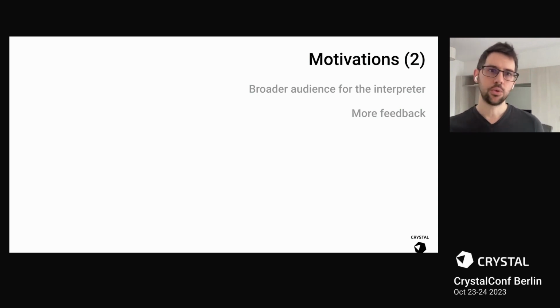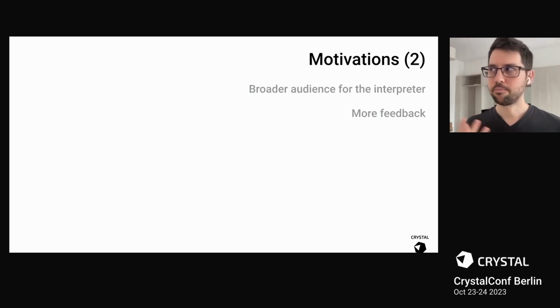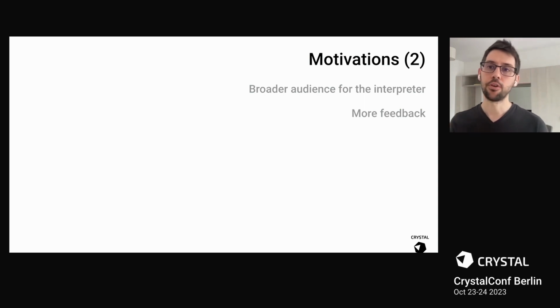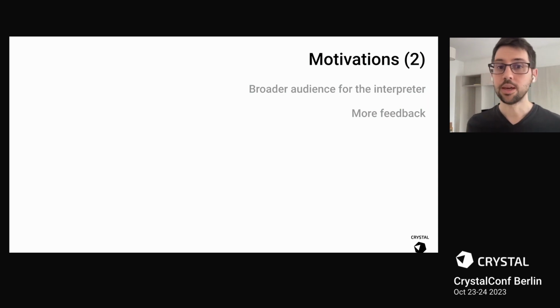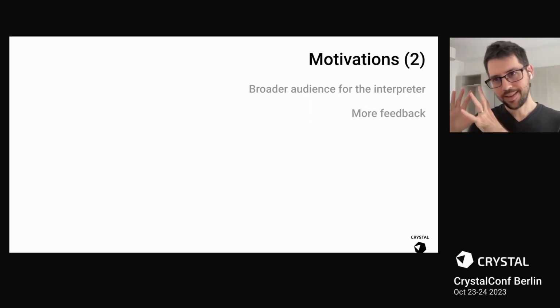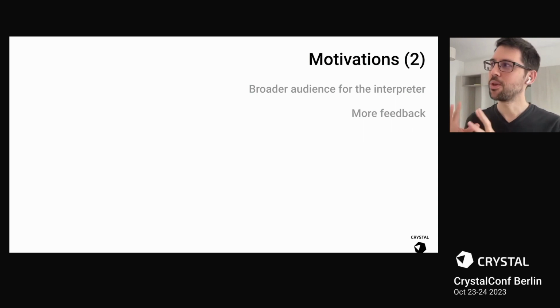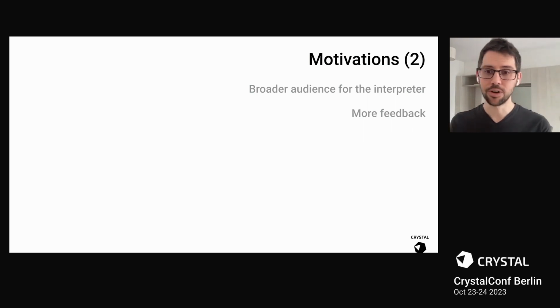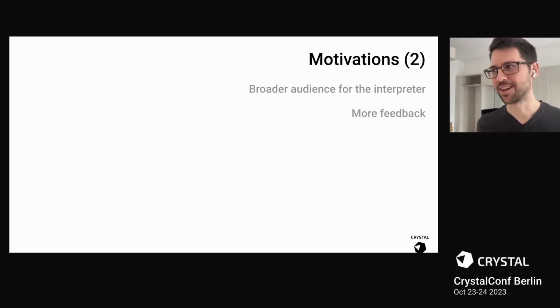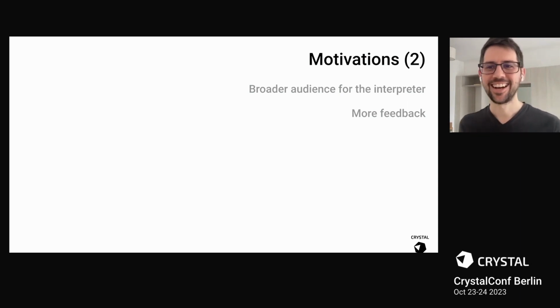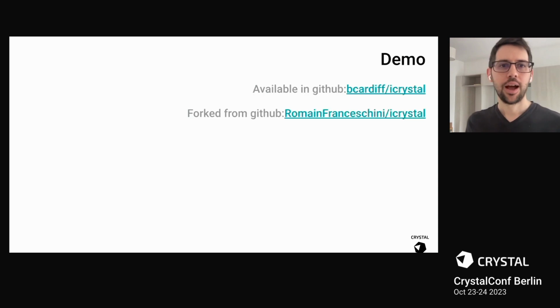And we want to present it to a broader audience, to broader users, because this will give us more feedback, and it will give us input on what needs to be improved. So that is like, hey, if we use the interpreter more, then we will catch more bugs because we will have more feedback. That's essentially the feedback loop that we are looking at.